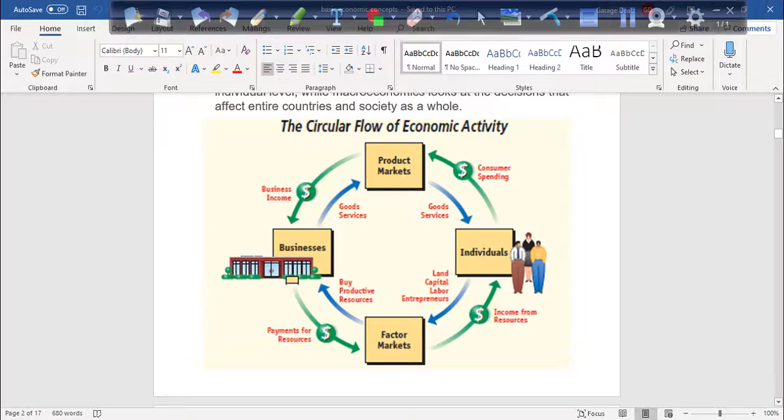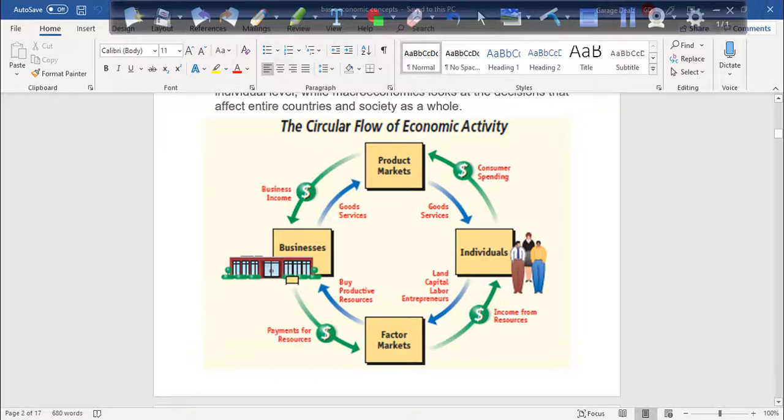Now, that's a little different in a command economy. See, every type of economy has to answer those three basic economic questions: what, how, and for whom things are going to be produced. So in a command economy, communist system, or economy controlled by one individual like a dictatorship, those decisions are answered by the dictator or the central government themselves.